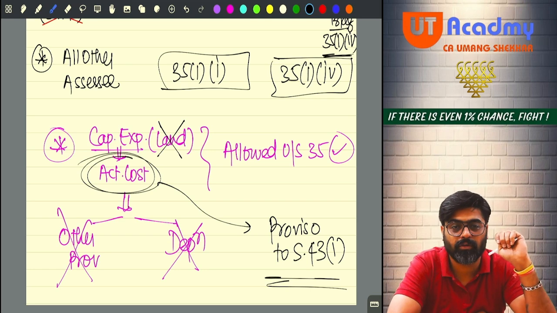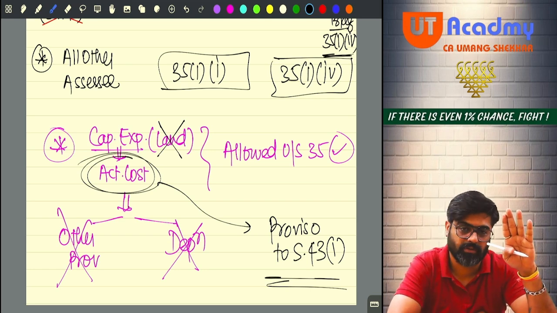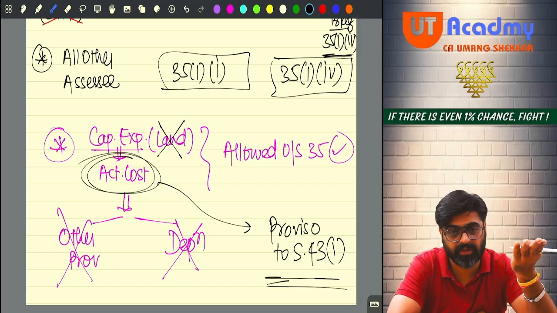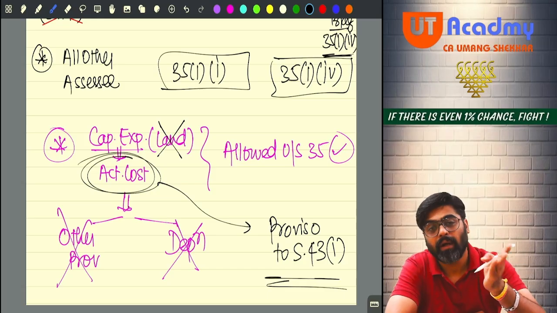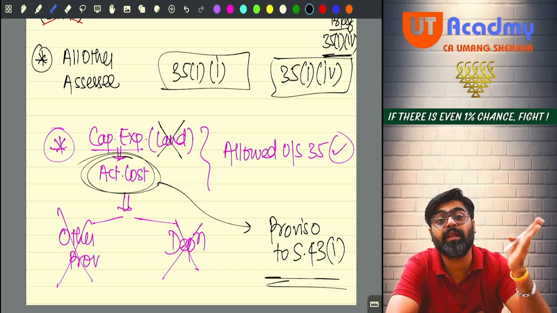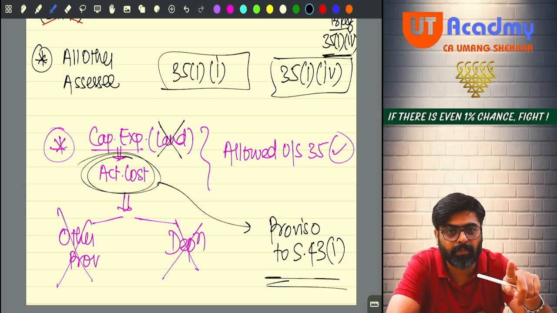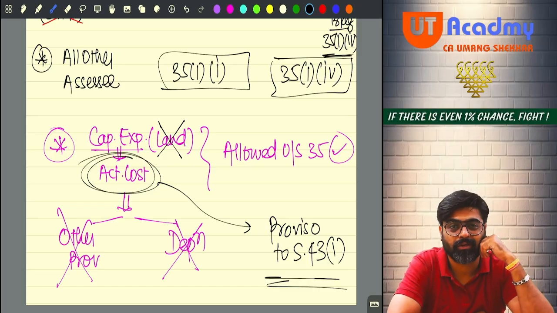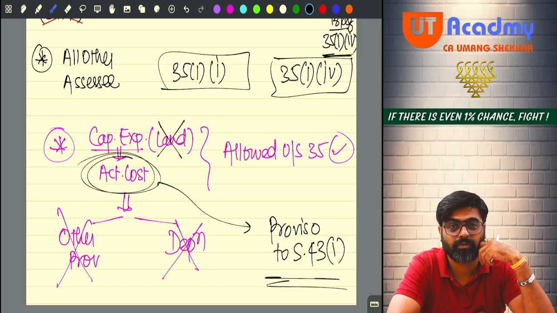Under this proviso, we had discussed that for the actual cost of the asset, if you are making the payment to a single person in a single day, and the payment is more than 10,000, then the payment must be made by way of prescribed modes.